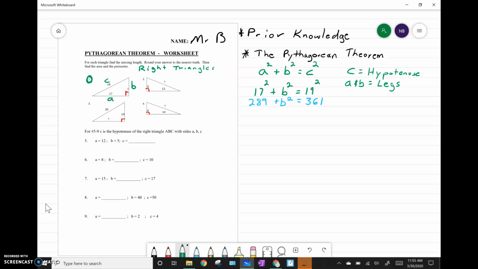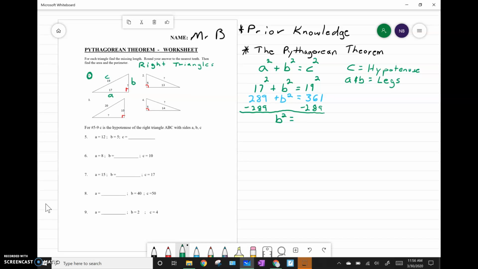So I'm going to subtract 289 from both sides, and I get a new equation: B squared equals 361 minus 289, and we get 72.